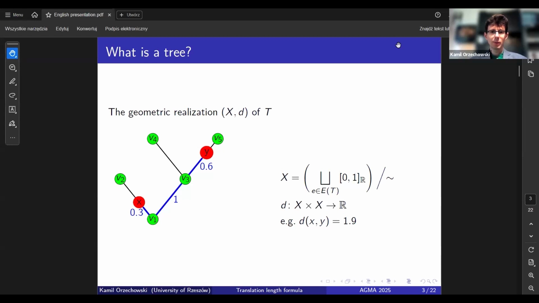And the metric is naturally defined to be the length of the shortest path. It is illustrated for points x and y here. Thus, we get a metric space, and it has values in the real numbers, not only integers.